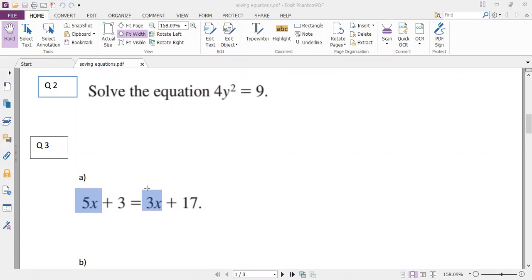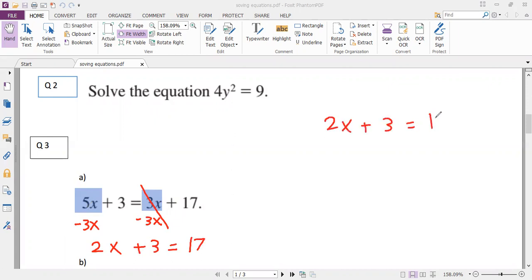We can get rid of 3x by subtracting 3x from both sides. So if we subtract 3x from the right side and from the left side, 3x and minus 3x are going to be cancelled. Then 5x minus 3x is 2x, plus 3 equals 17.